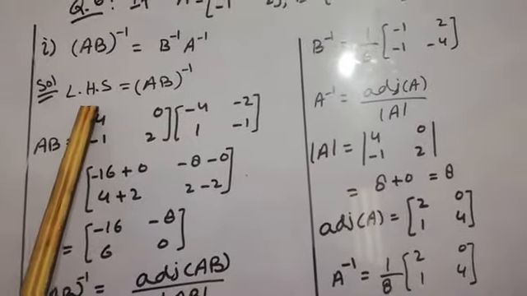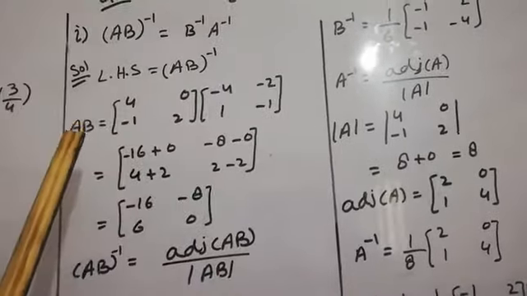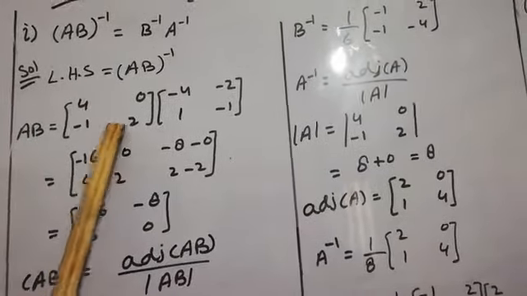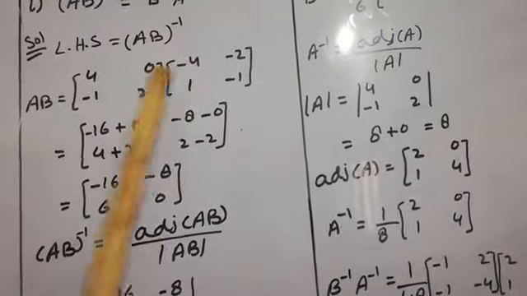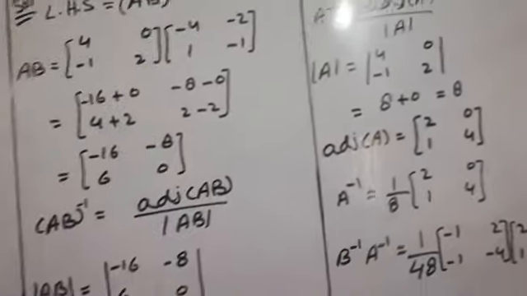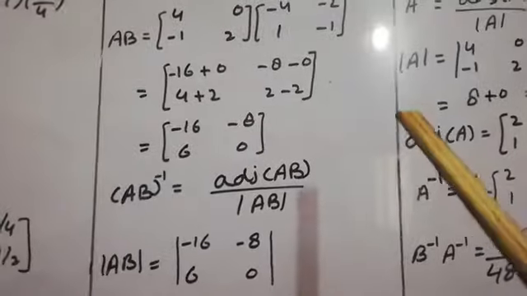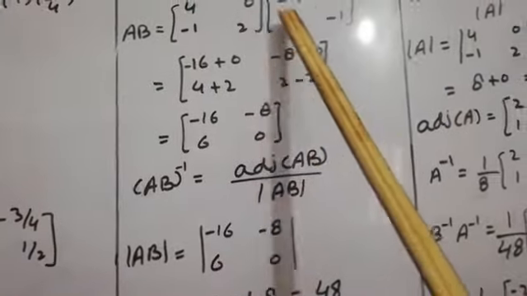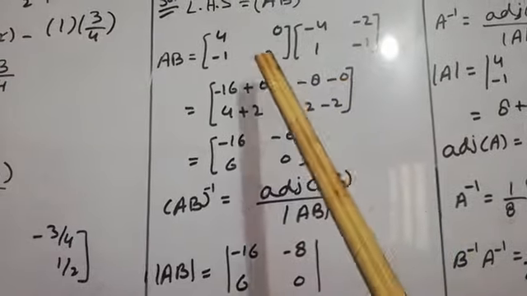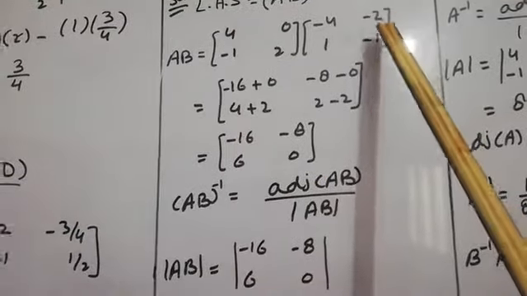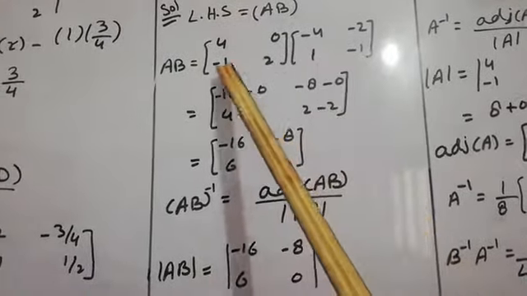So first we will consider the left hand side, which is equal to AB inverse. So my dear students, first of all we will multiply A into B, like in our previous exercise 1.4. 4 fours are 16, 0 ones are 0, 4 twos are minus 8, 0 ones are 0, minus 1 fours are minus 4, 2 ones are 2, minus 1 twos are minus 2, 2 ones are 2.